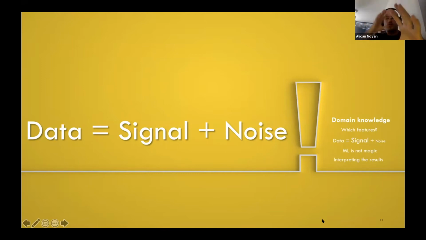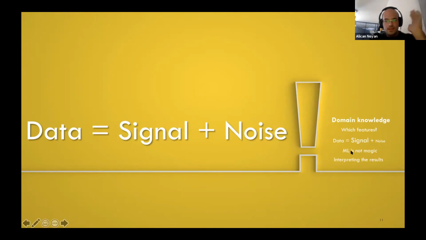It could be front, top, back, whatever. All these things, the fur, are thanks to domain knowledge. This helps us decide which features should go into our data set. This helps us understand even if the signal is inside the data set. When you look at the image, you see the cat, you know that the signal is there.